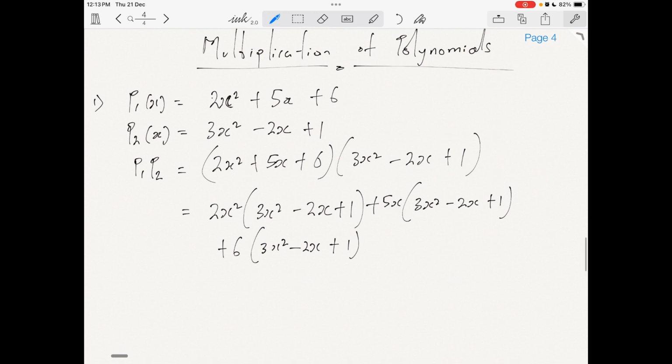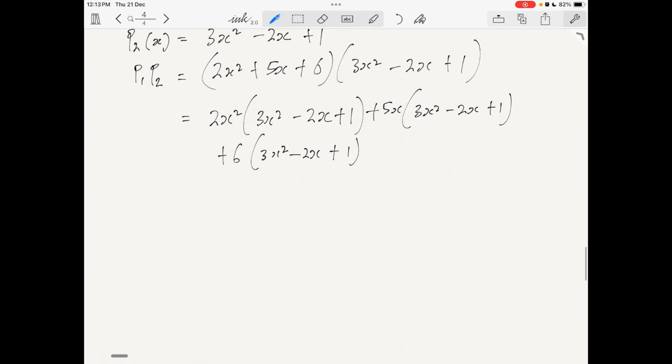Now let's open the brackets individually. So this will give us 2x squared multiplied by 3x squared, which gives 6x raised to the power 4. We covered this in indices and logarithm. You can check out the first video, indices and logarithm. You have 6x raised to the power 4, then 2x squared multiplied by minus 2x will give us minus 4x raised to the power 3, and continuing like that, plus 2x squared.